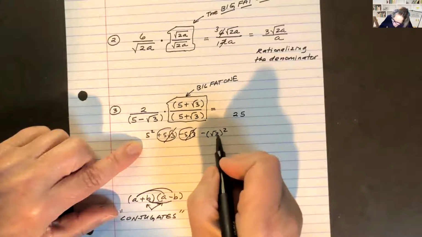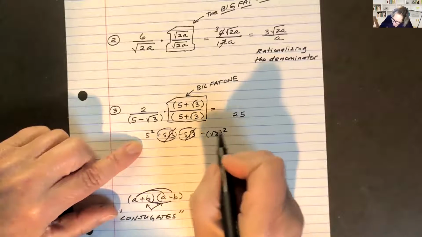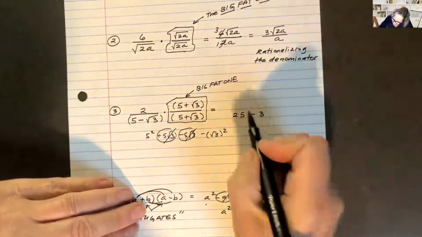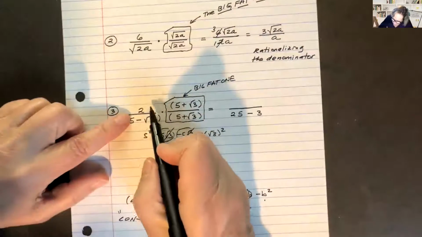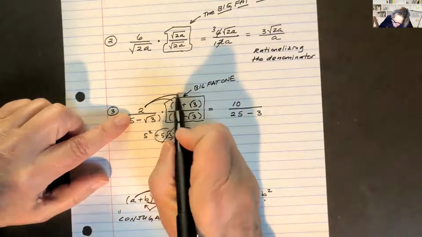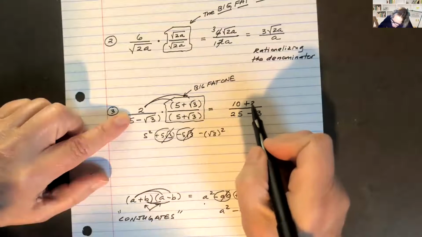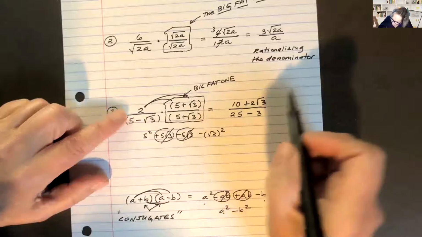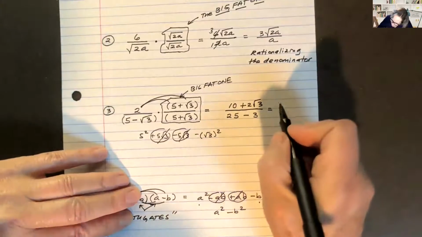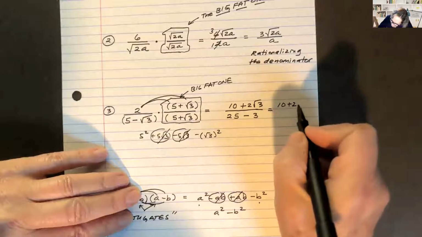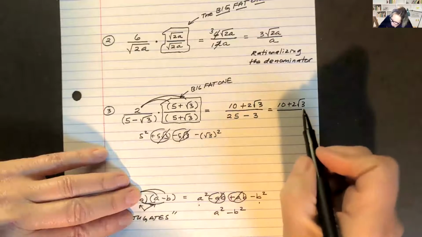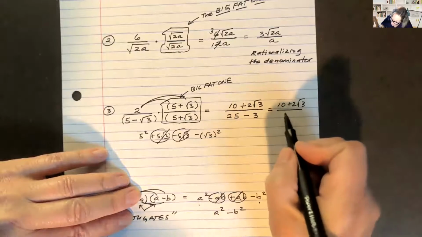And root 3, when I square it, the square root of 3 times the square root of 3 is by definition 3, so minus 3. And then in the numerator, I'm going to distribute this. I'm going to get 2 times 5, which is 10, and 2 times root 3, so plus 2 root 3. Okay, so 10 plus 2 root 3, over 25 minus 3 is 22.